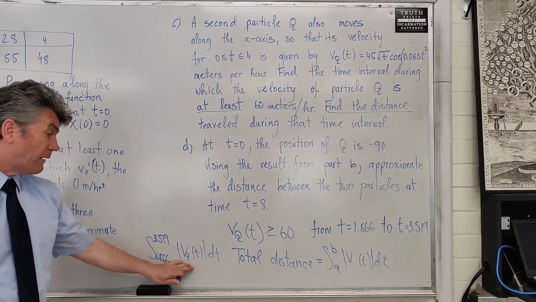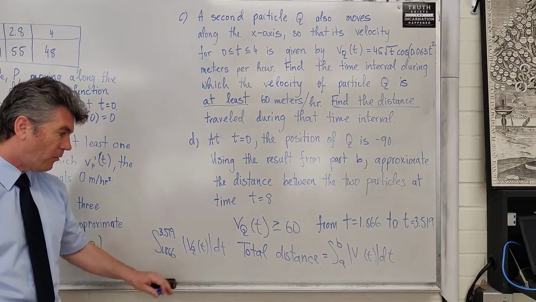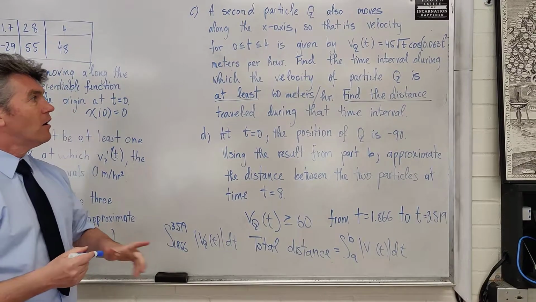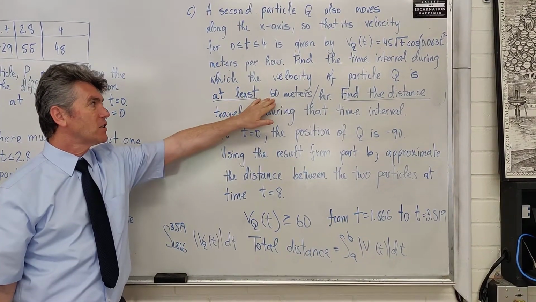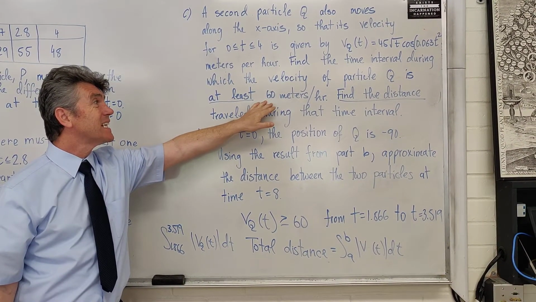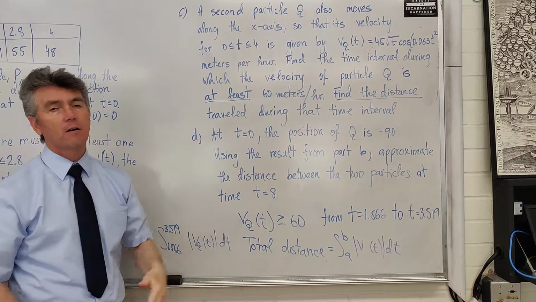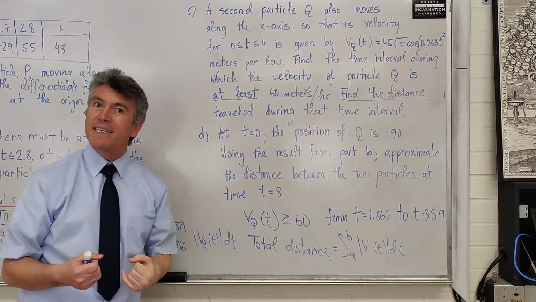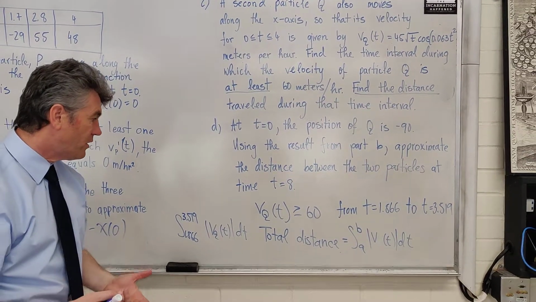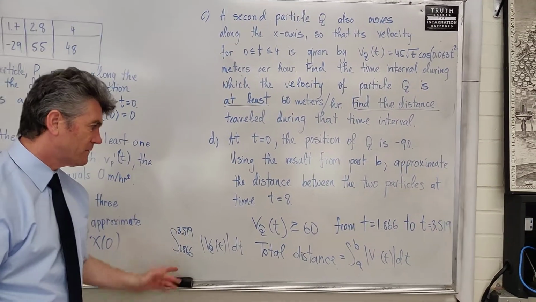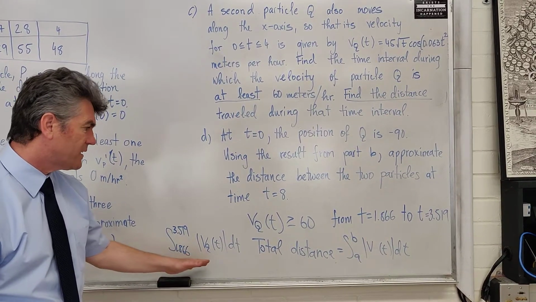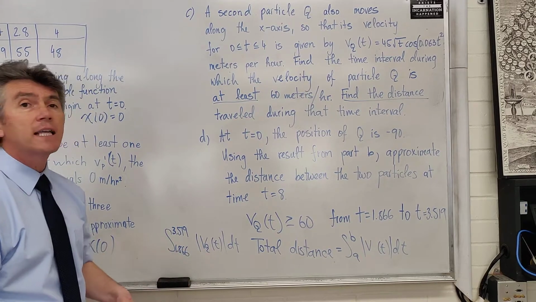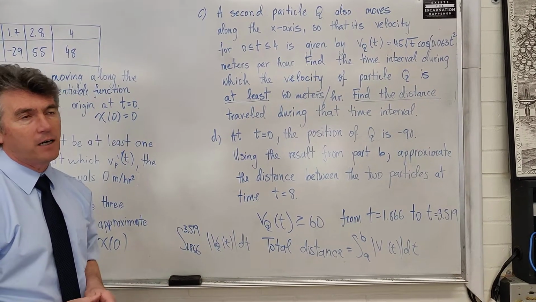The absolute values for our problem are unnecessary because what do we know about our velocity? Our velocity is at least 60 meters. Well, if it's at least 60 meters, it will be positive, and the absolute value of a positive number will be positive. So when I enter this into my calculator, I'm not going to have the absolute value. I'm just going to use regular V sub Q of T.